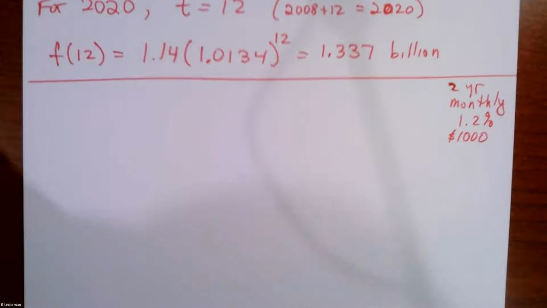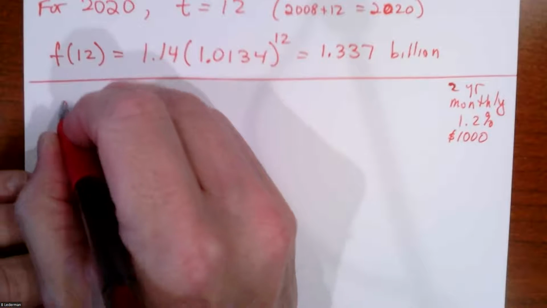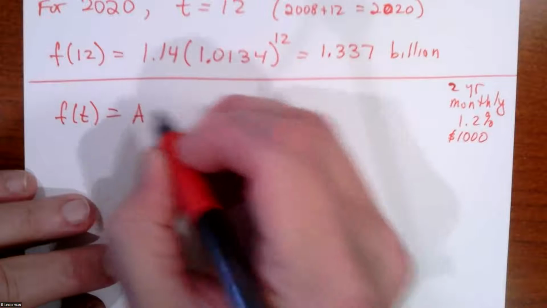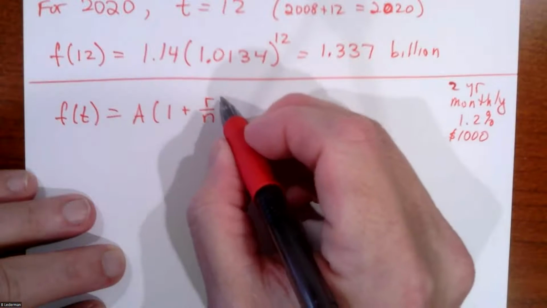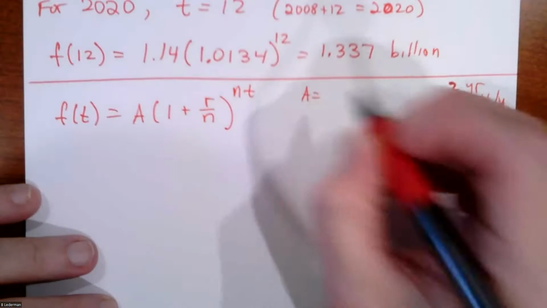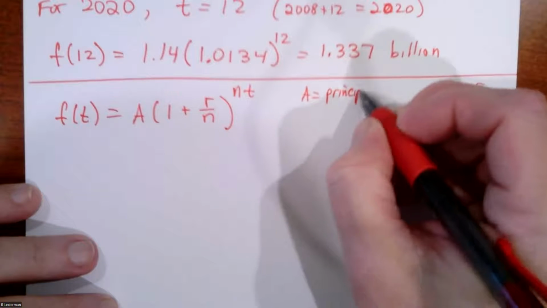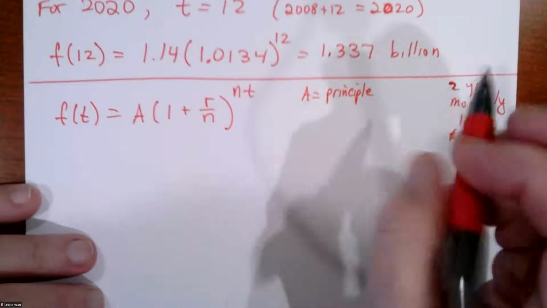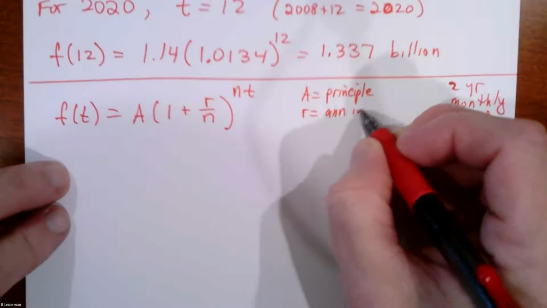Anyways, the formula is f of t, a function of time, is equal to a times 1 plus r over n, to the nt. I'm going to explain all these letters here. So a is equal to the principal. That's the initial amount. And r is the annual interest rate.